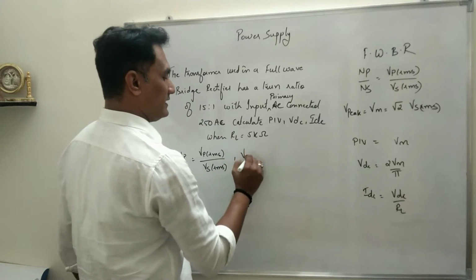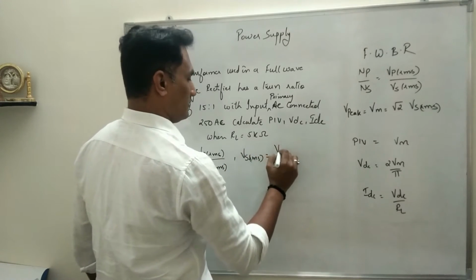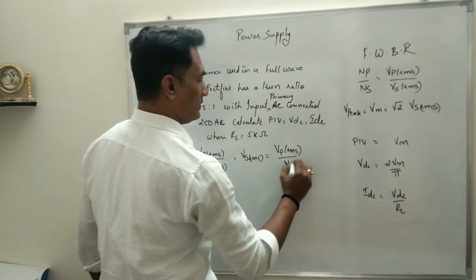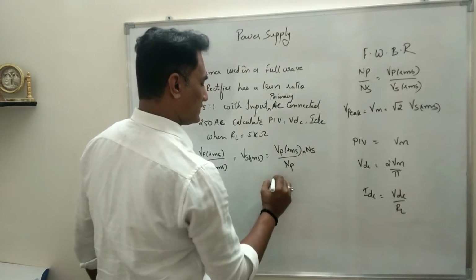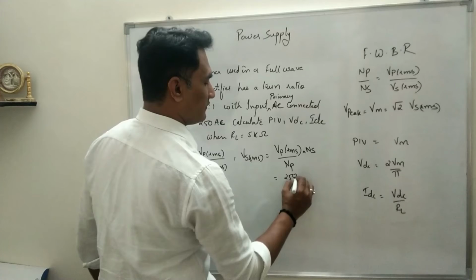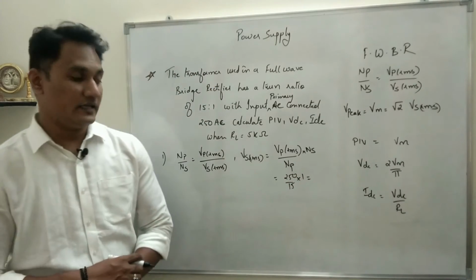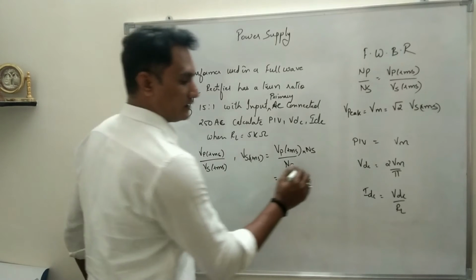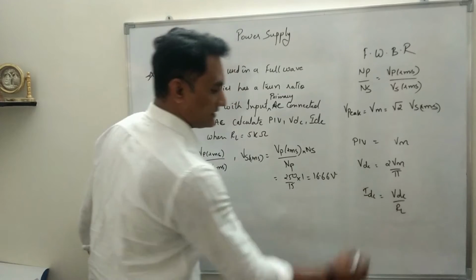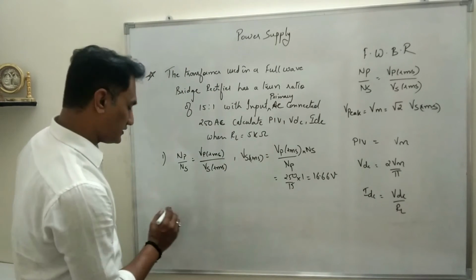So VS RMS is VP RMS upon NP into NS, and this value will be 250 divided by 15 multiplied by 1. So basically it will be 250 divided by 15. The value, if you calculate, will come out to be 16.66 volts. So that is the value of VS RMS. That is the first thing you have to calculate.